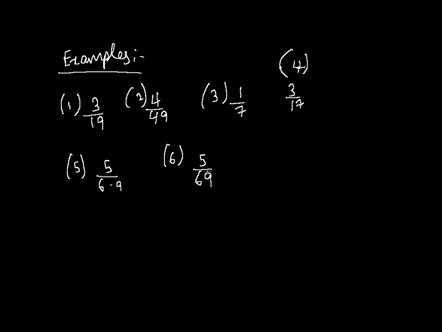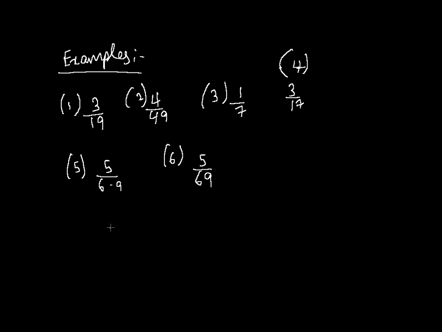Well, these are additional examples for your practice. Consider the example 1 by 7 here, and we multiply numerator as well as denominator with 7. 3 by 17, the same way, 3 into 7 and 17 into 7. 5 by 6.9.